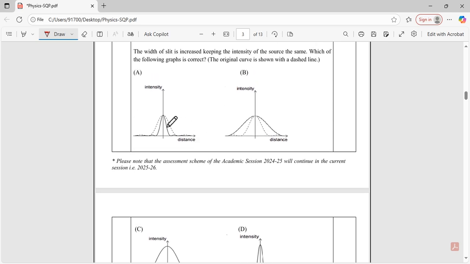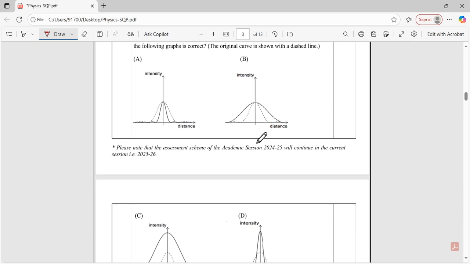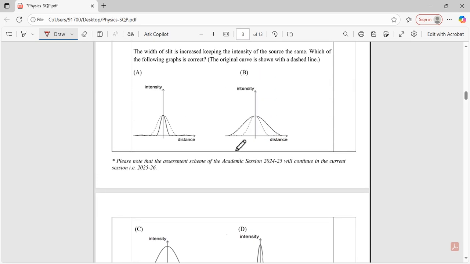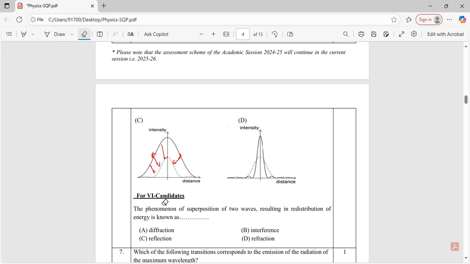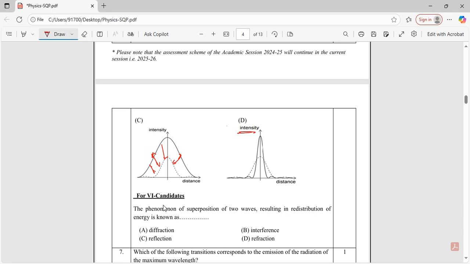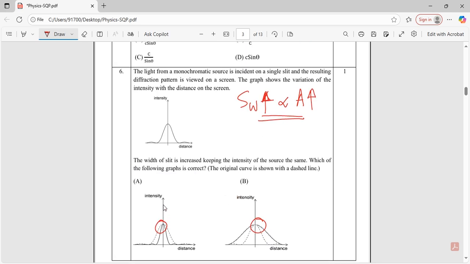No, it's not correct. Here both are the same, and these two look almost the same gap, but here it is true. Option D. If the slit width increases, amplitude increases, so intensity also increases. That's why D is correct.